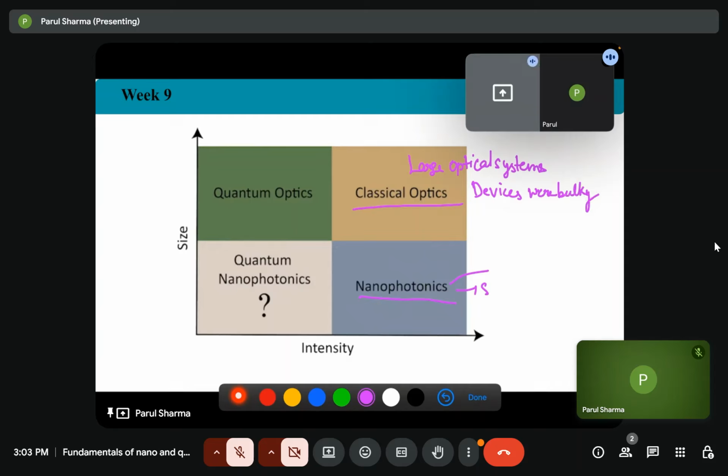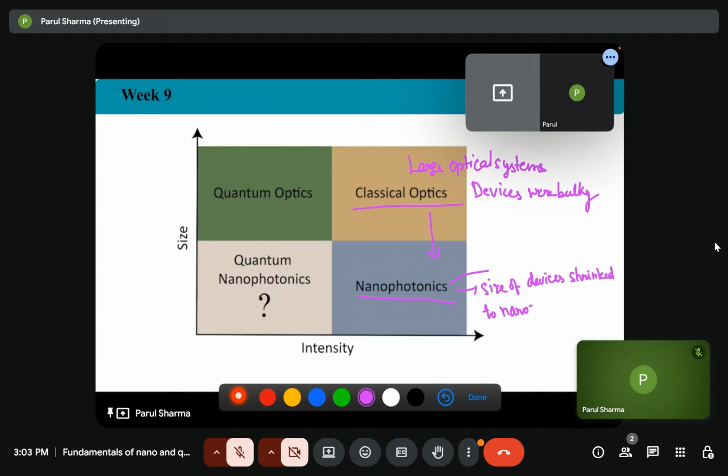Okay. So then in the last few decades, we moved from classical optics to nanophotonics, where the size of the devices shrank to nanoscale.